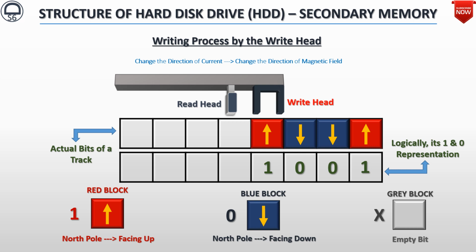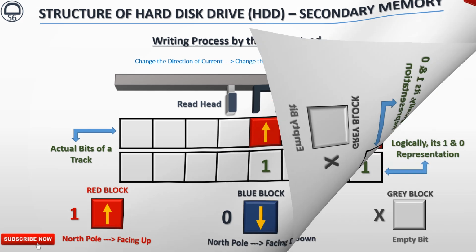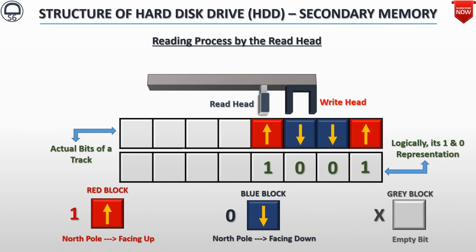Next, the reading process. Once written, the bits can be read by the read head, which senses the direction of the magnetic field as it goes over the written bit. Now, let's check the reading process by the read head of the read-write head assembly.